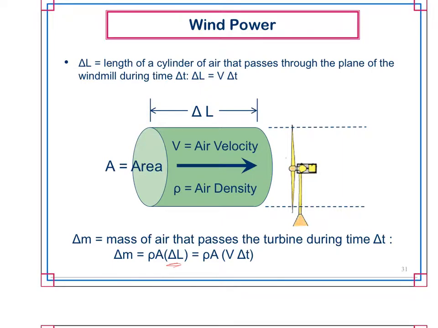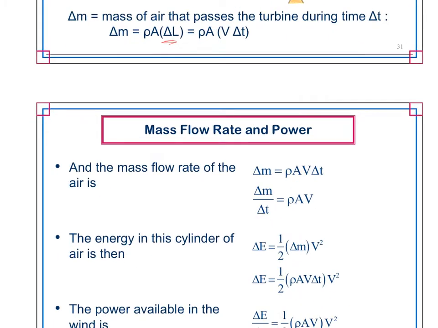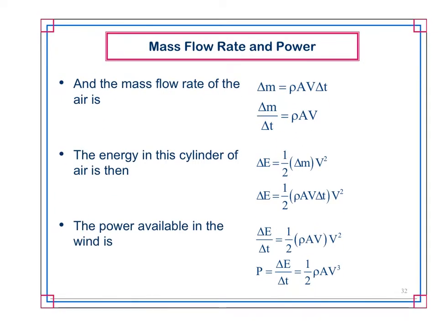So that's rho A velocity times delta T. And we can solve that for the change in mass over the change in time, which is rho air times the velocity. Then we can actually get the change in energy, which is 1/2 change in the mass times the velocity squared. And we're going to move out our delta T by the substitution here.